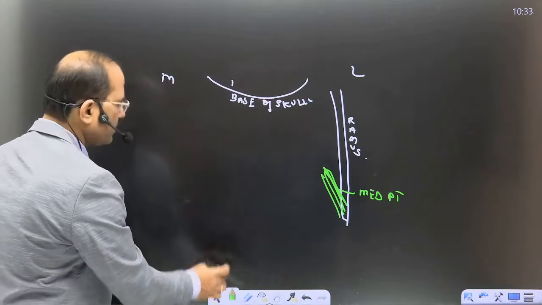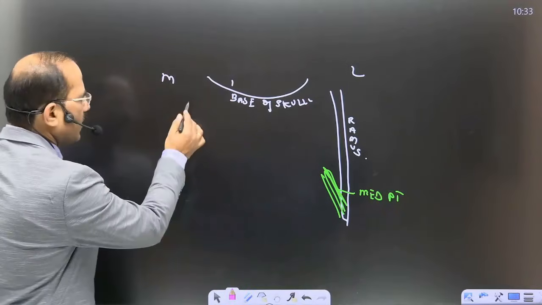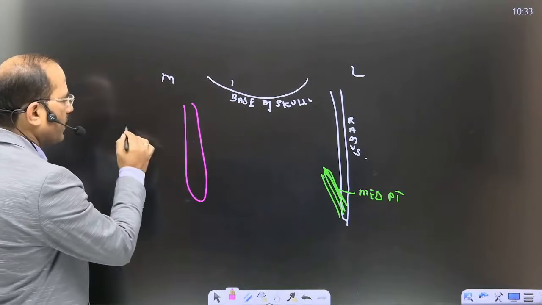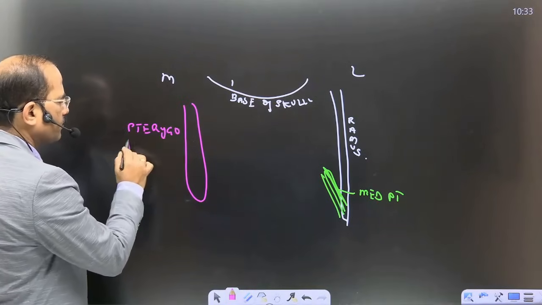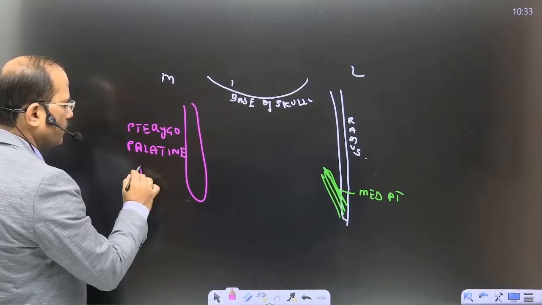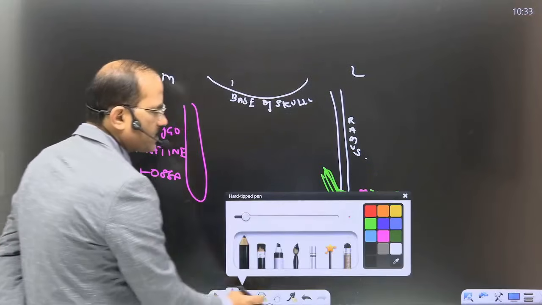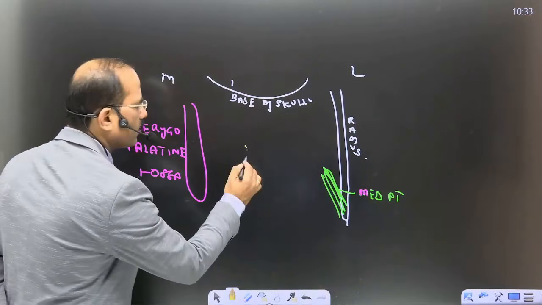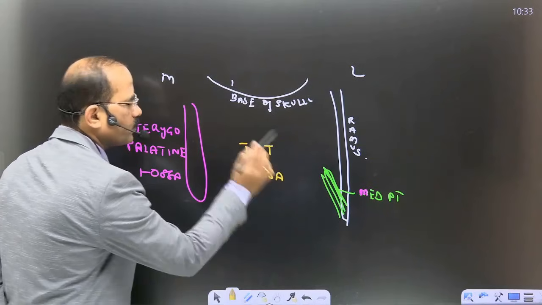I'll just make a fossa here and write this as the pterygopalatine fossa. So I label this as infratemporal fossa.